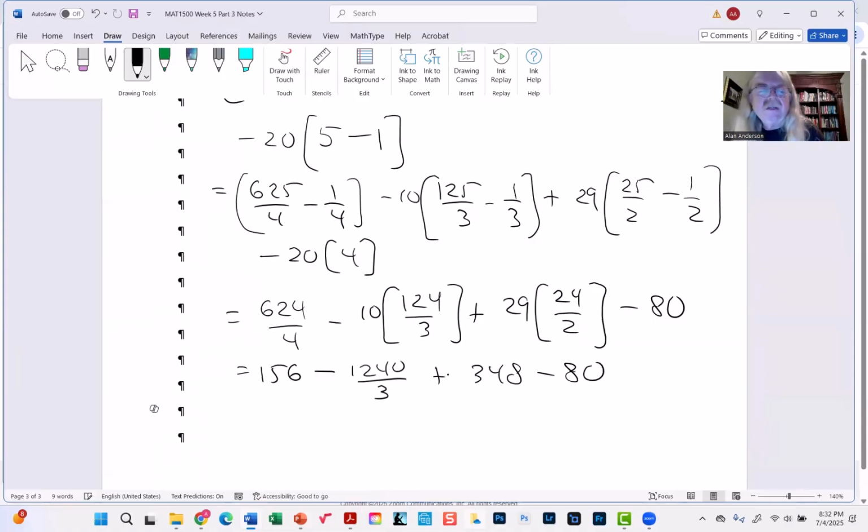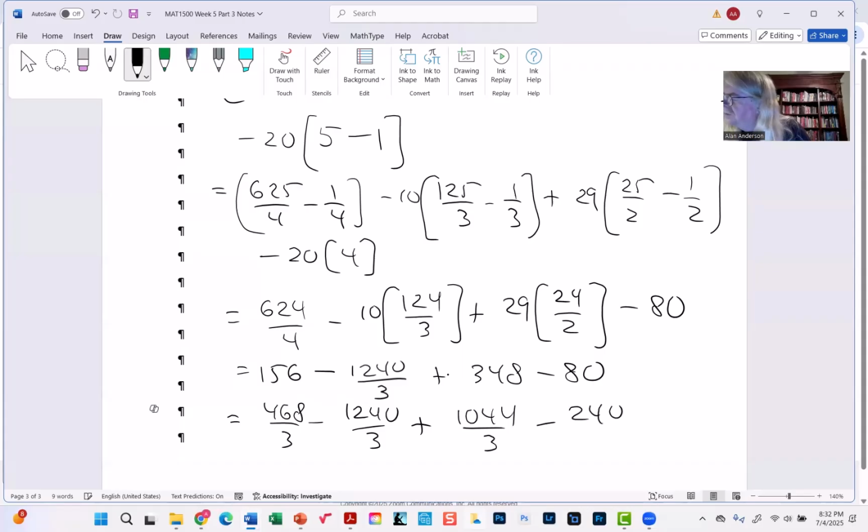All right, so I guess we need to convert them all into thirds because 1240 is not evenly divisible by 3. So we'll have 468 thirds minus 1240 thirds plus 1044 thirds minus 240 thirds.